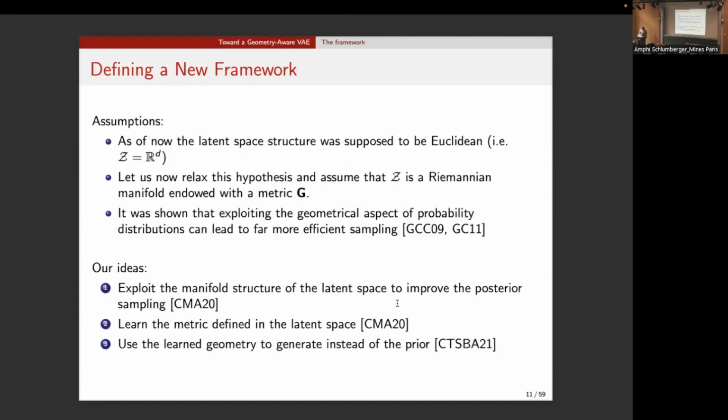So our assumption was that we are going to change that. We assume that the latent space is no longer a Euclidean space with a standard normal distribution as a prior. We want the latent space to have a structure that will now be a Riemannian manifold. This Riemannian manifold will have a metric that is locally changing.